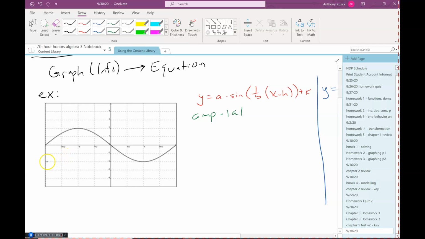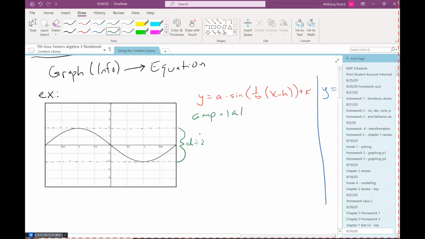All right. Remember, the amplitude is half the distance between the highest point and lowest point on our graph. So the amplitude here is basically that distance divided by 2.